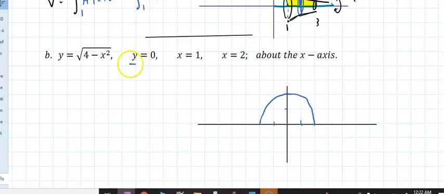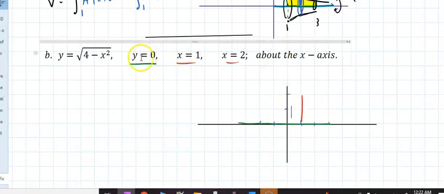Y equals 0. I'm going to run this between x equal 1 and x equal 2. Oh, okay, let me adjust that. I just made these problems up, so this is not matching. Let me make that simply 9. There we go, much better. So this is a circle with a radius of 3.